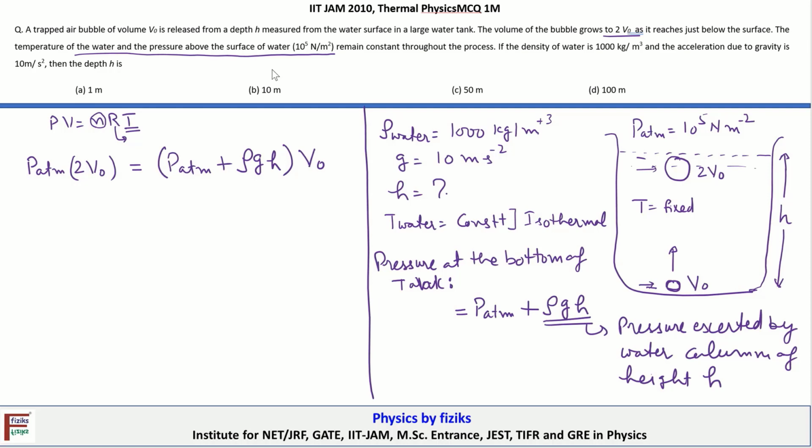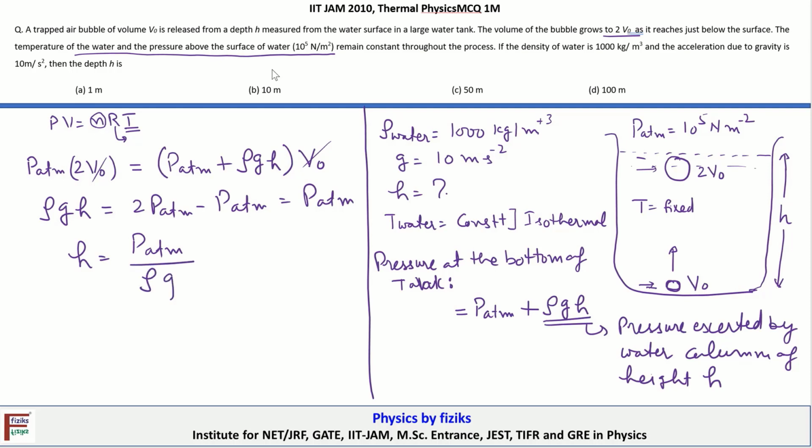Okay, so after rearranging this expression, V naught will cancel with V naught. So from here we can conclude that rho gh is equal to 2P atmospheric minus P atmospheric, which is nothing but P atmospheric. So from here we can find the height of the water column, which is equal to P atmospheric divided by rho into g.